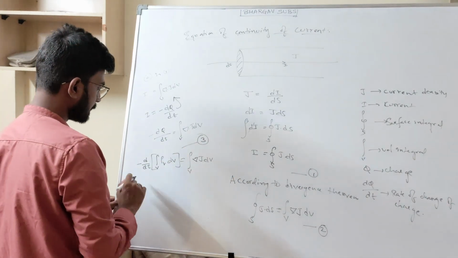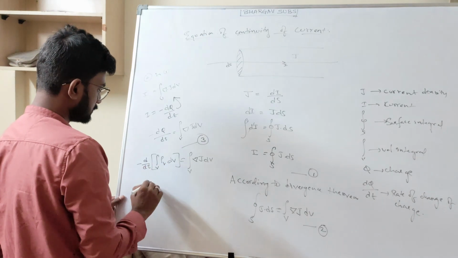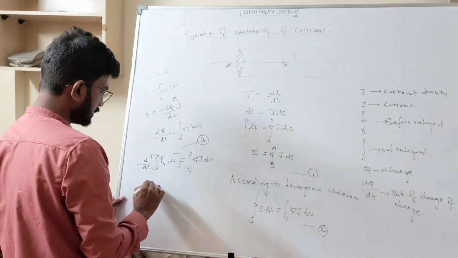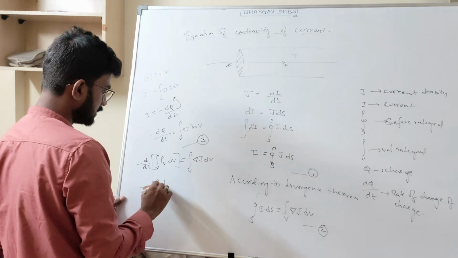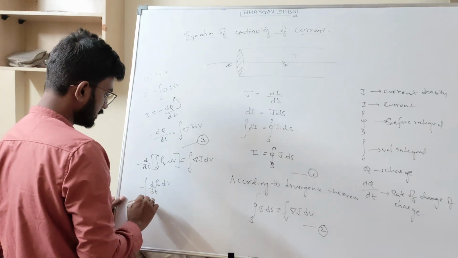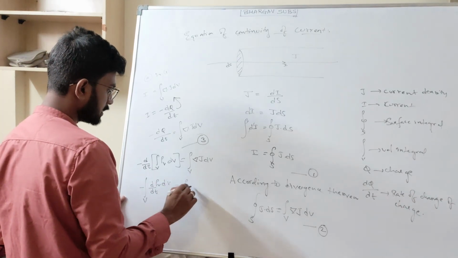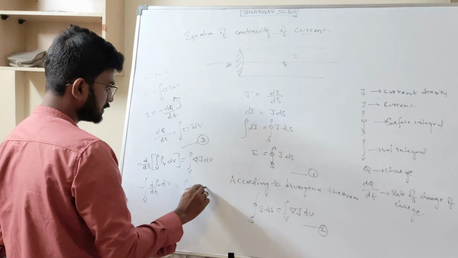So minus d by dt of the volume integral of rho v dv is equal to the volume integral of the gradient of j dv.